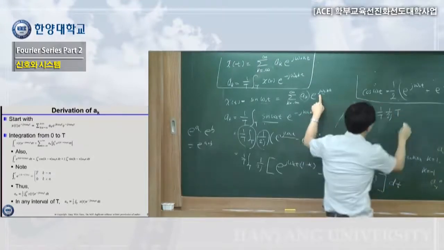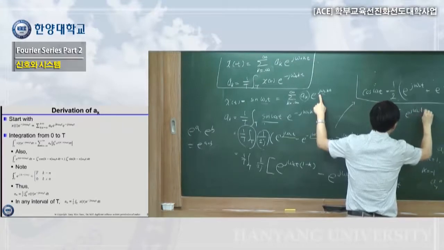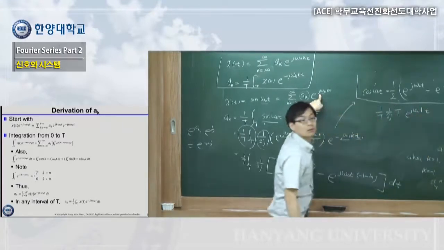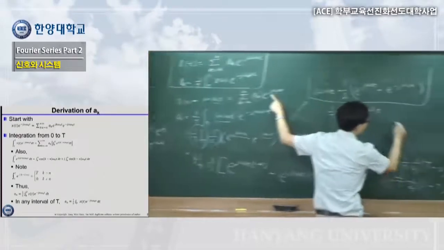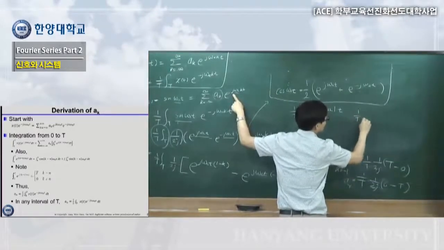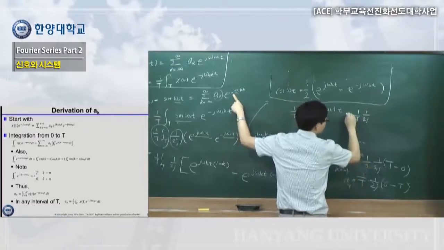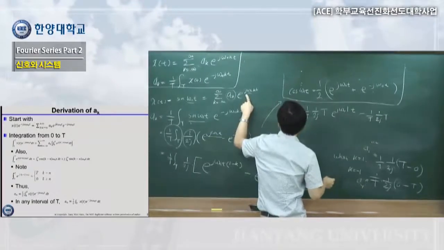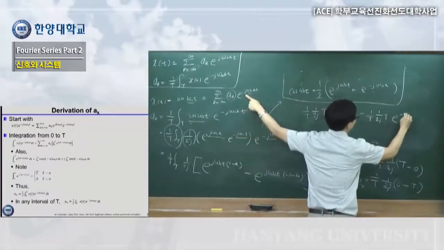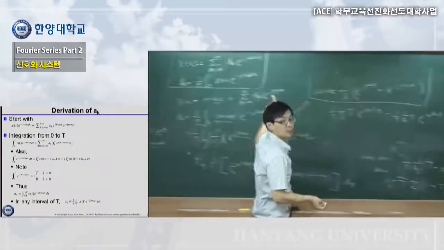K is 1. So, e^(jω0·1·t). And then we have this, which is 1 over 2j, minus. So let's put the minus. And then what? Exponential minus jω0 t, because k is minus 1.